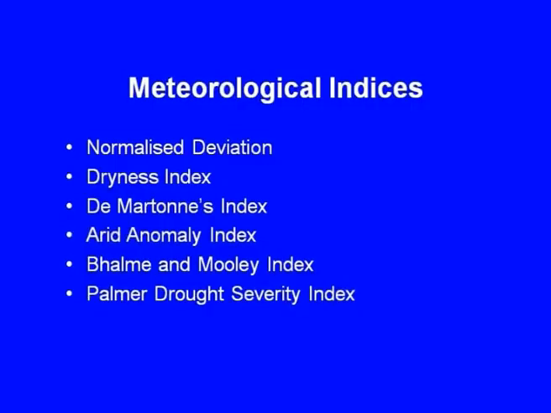So, let us look at what are the meteorological indices which are available. First is normalized deviation, second is dryness index, De Martini index, arid anomaly index, Bhalme and Mooley index and Palmer drought severity index. Out of these indices, probably the first and the last, that is the Palmer drought severity index, are very commonly used for drought analysis due to the simplicity and the incorporation of information which is there.